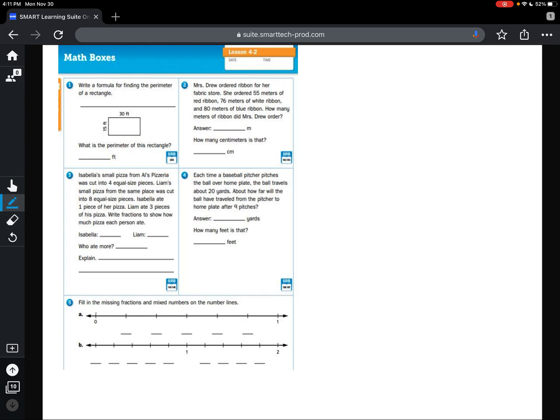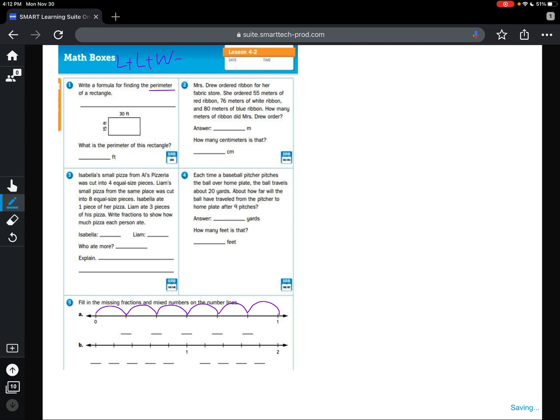Don't forget on number 5, you need to count the jumps, not just the number of lines. You need to count the jumps instead of just counting the number of spaces. Remember, perimeter is when you add all the sides.